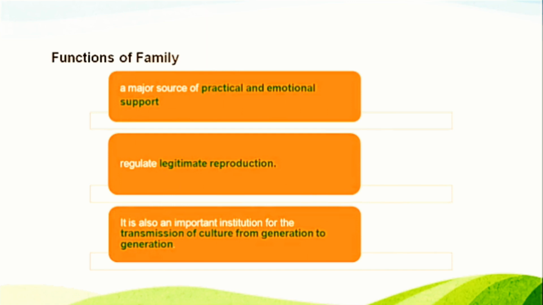A major source of practical and emotional support is also considered very important. It regulates legitimate reproduction because the marriage institution is also a subsystem of our family. It is a very important institution to transmit culture from one generation to another.